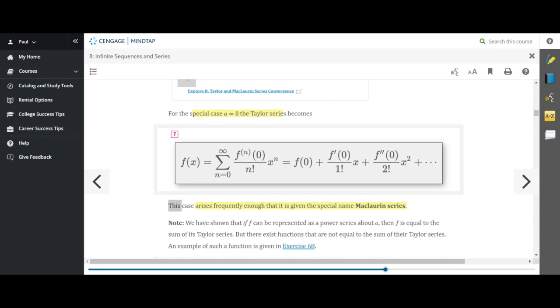We have to find derivatives of the function and then evaluate those derivatives at a equals 0. Okay, that's how we're going to get the terms of the series. The terms of the series depend on the derivatives. So, okay, well, that's fine. We can do that.